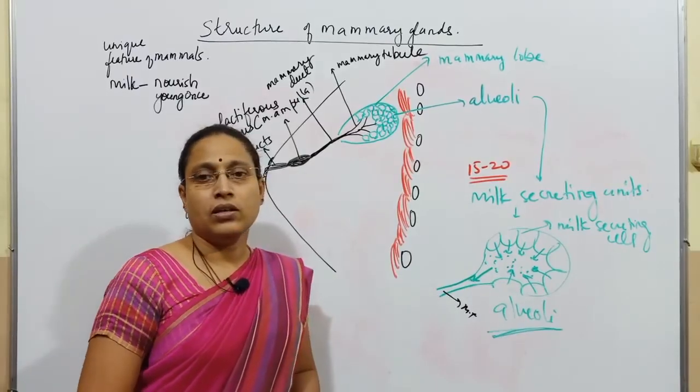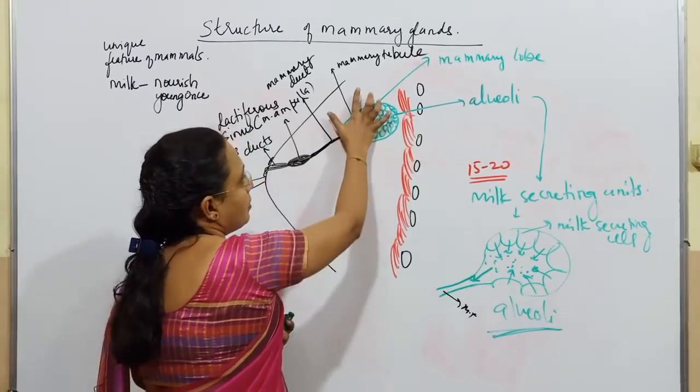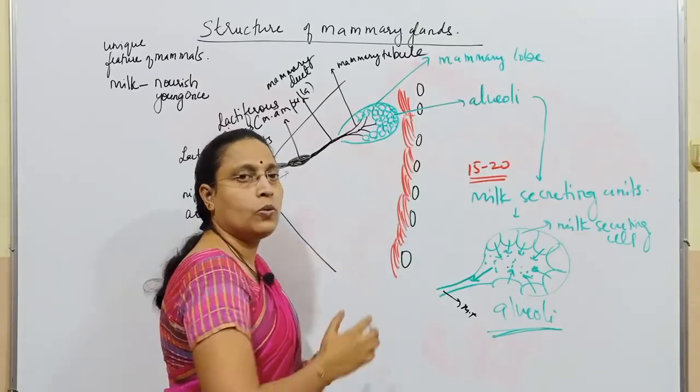So this is the structure; likewise, similarly, 15 to 20 lobes will be there.